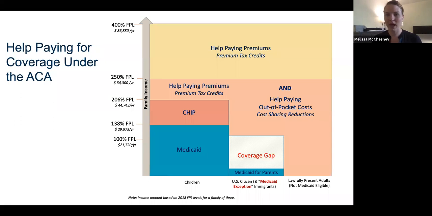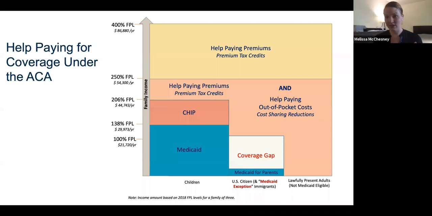So in 2020, if you're a family of 3 and you have below $86,000, you're eligible for some level of assistance paying for health coverage. That was the ACA's intention. It didn't, as we all know, work out perfectly, and we still have a long ways to go. There are definitely some pieces we can talk about where there are holes in the system.